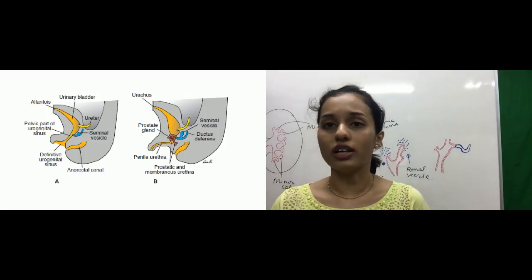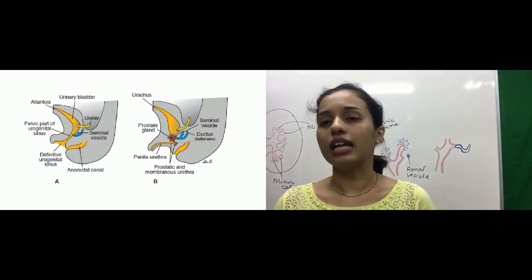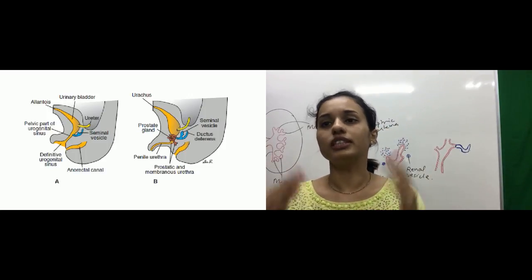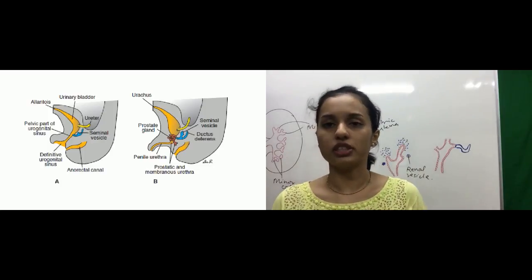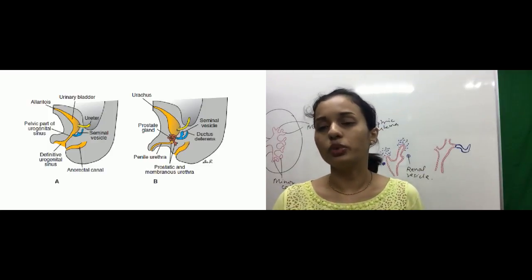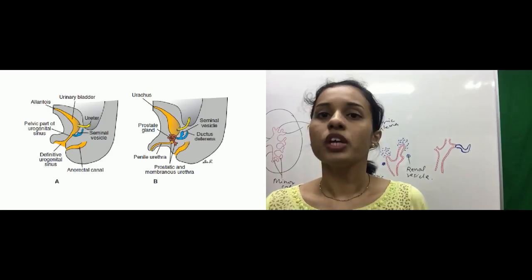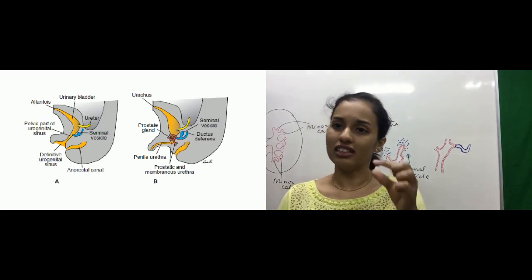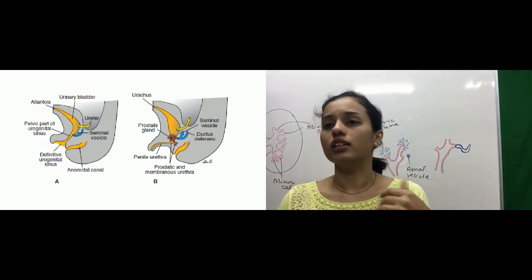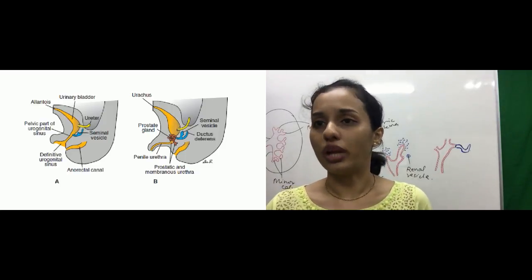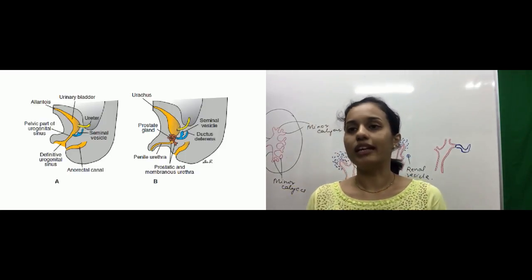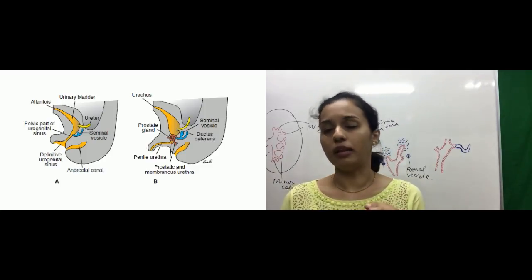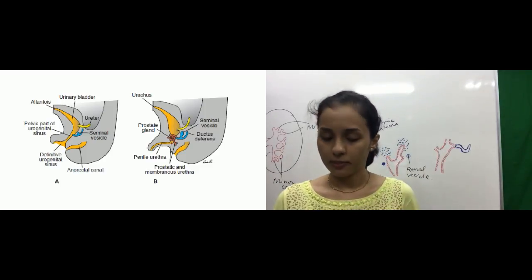So, this allantois, due to further development of the embryo into fetus, has connection with the developing urinary bladder. Later it narrows down, undergoes obliteration and forms a fibrous structure called urachus, which connects the apex of the bladder with the umbilicus.